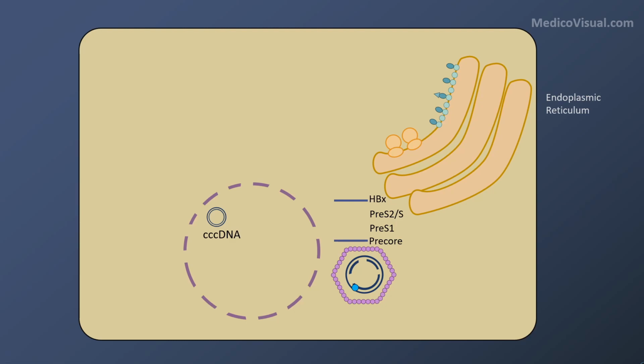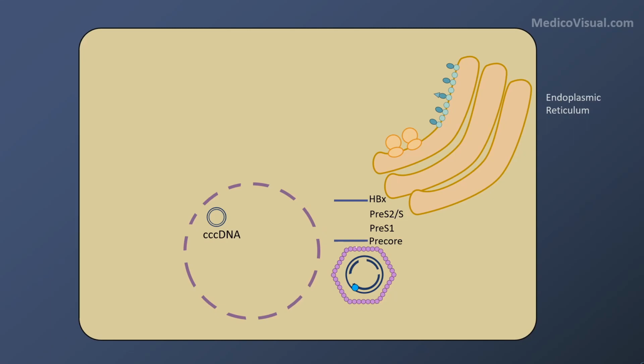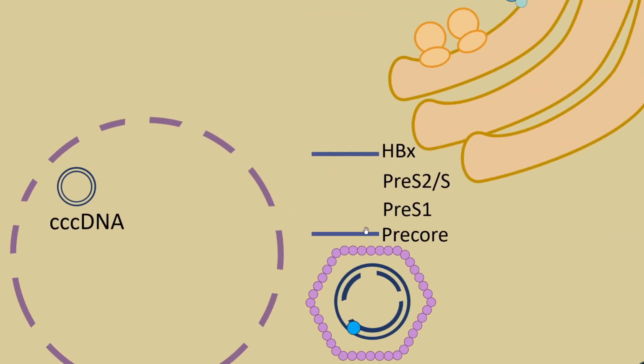Now what will happen? But before that, let me tell you something else. What is this? This is pre-core mRNA. What do I mean by pre-core? Actually, core means capsid, right? Somewhere here is the core gene.